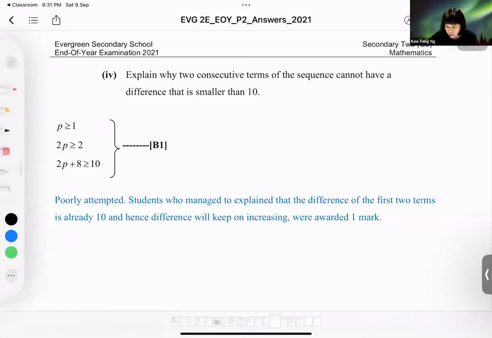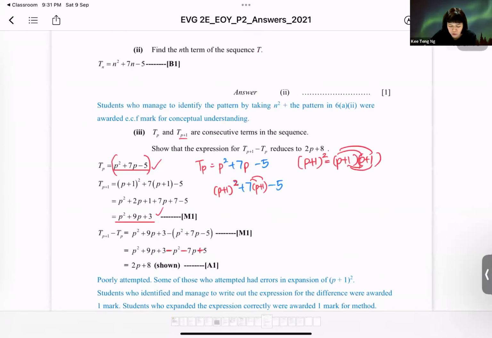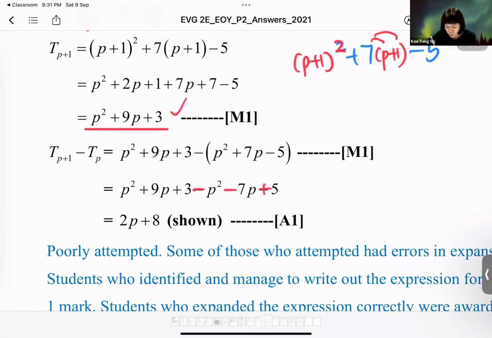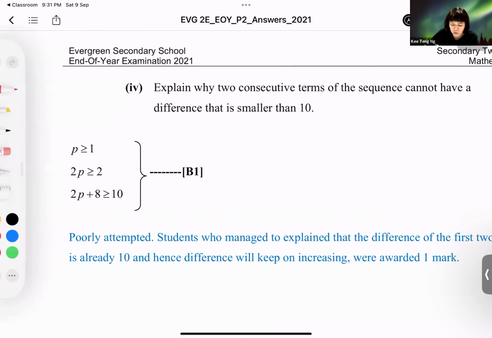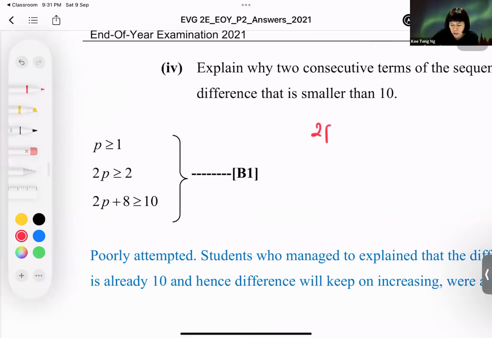What was the difference? Just now we found the difference, 2p plus 8. So the difference is 2p plus 8. What is the smallest that p can be? P is a term number. The smallest it can go is when p equals 1. For the other terms, p can be greater than 1: the second term, where p becomes 2, the third term, fourth term, fifth term, 100th term, and so forth.